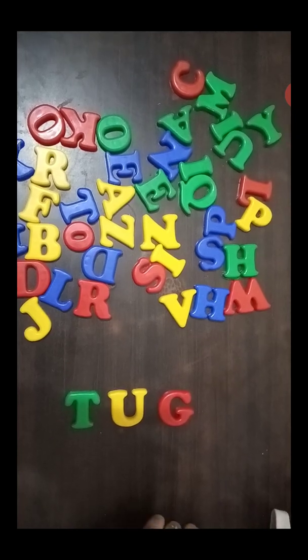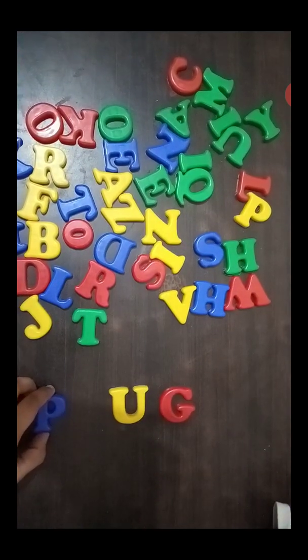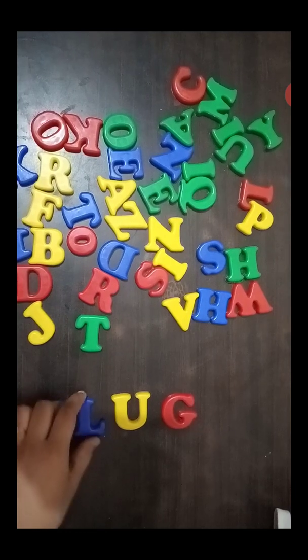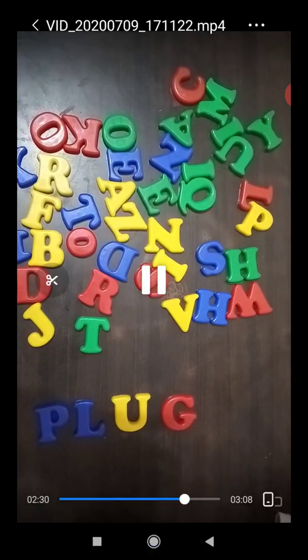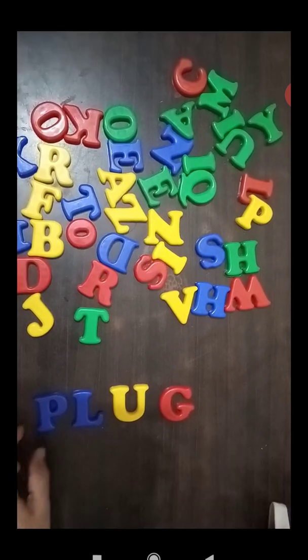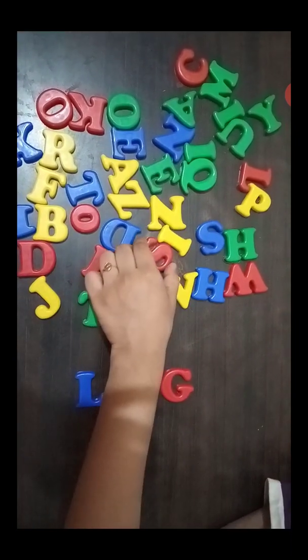Next, students, find out the letter P and L and make the word plug. P-L-U-G, plug. Next, students, find out the letter S and L and make the word slug.